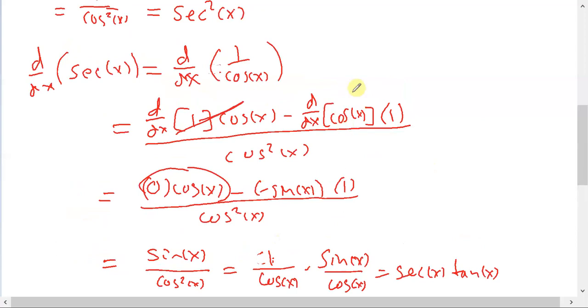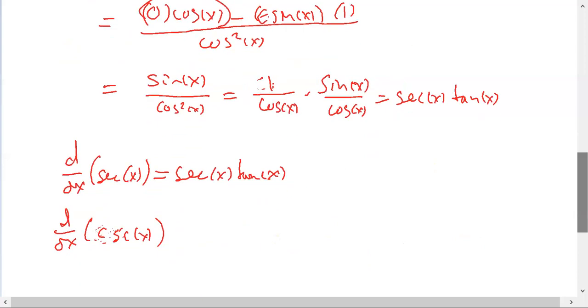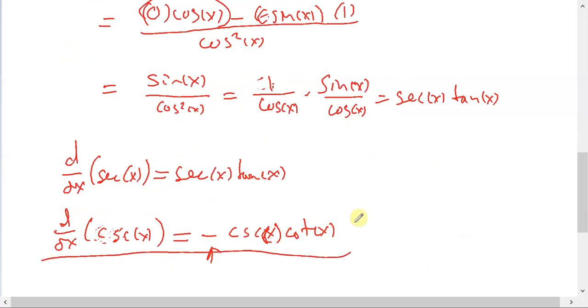What's going to happen is my derivative of sine is going to be here, and so we won't get this double negative because the derivative of sine is cosine, so there's going to be a minus sign out in front. So the derivative of cosecant is going to end up being minus, and what you get when you work all the details out using very similar identities, you get minus cosecant cotangent. Again, very similar form. Derivative of the secant is secant tangent, derivative of the cosecant is cosecant cotangent, except there is a minus.